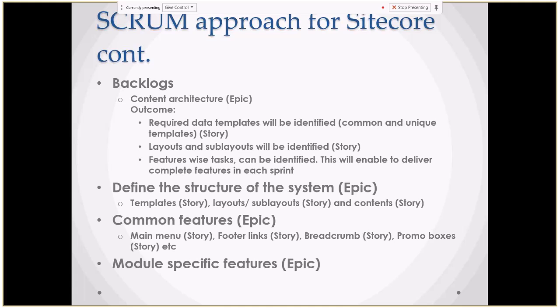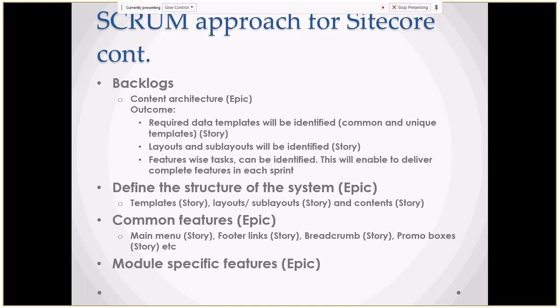Required data templates will be added. If you do a content architecture, you can have a discussion with the team and identify what templates you need, what layouts and sub-layouts you need, and feature-wise tasks. So break the task down feature-wise.